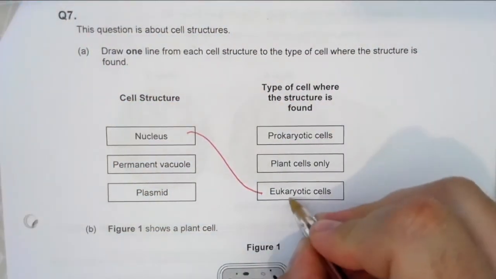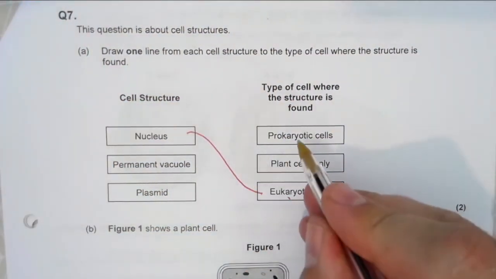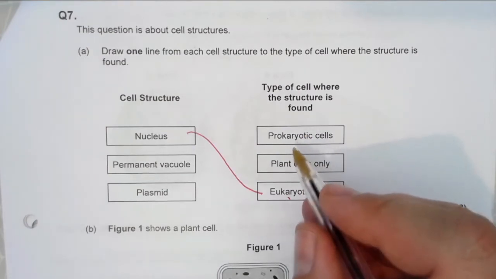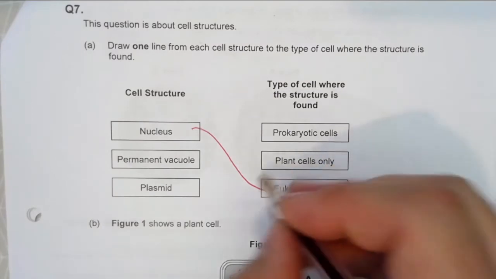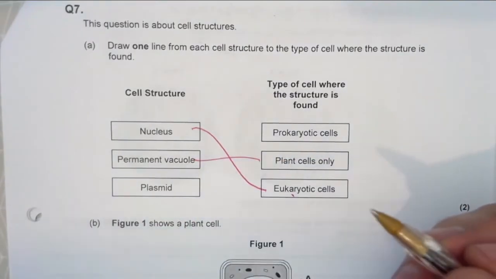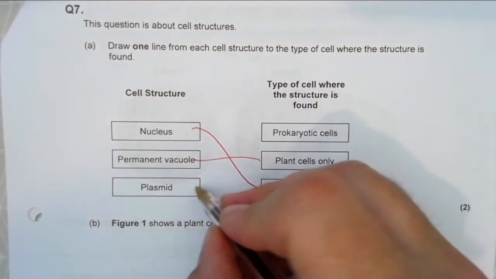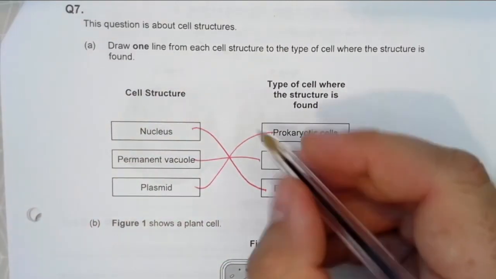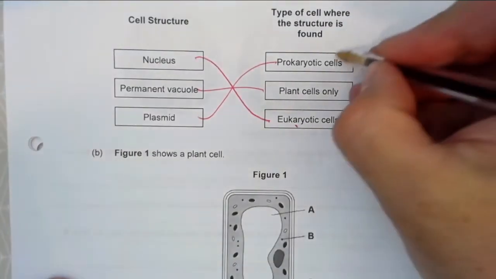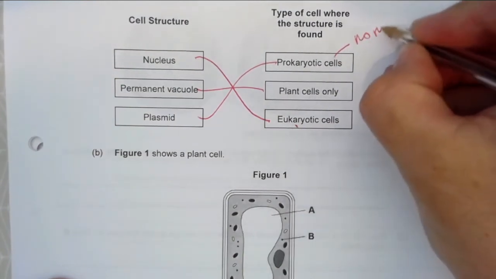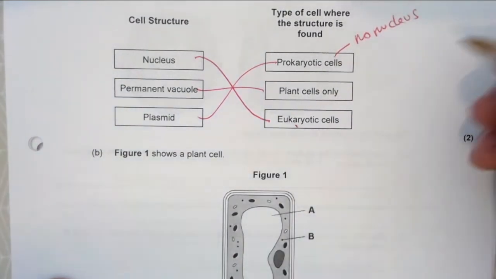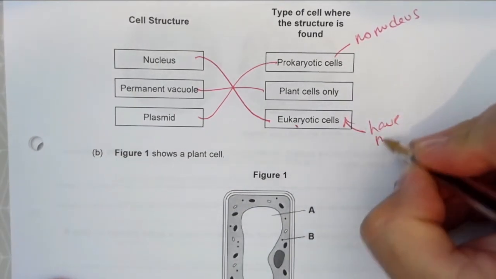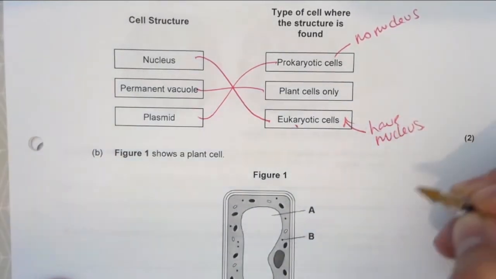So eukaryotic cells have nuclei, whereas prokaryotic cells, their defining feature is they don't have a nucleus. A permanent vacuole you will find in plant cells only. Plasmid DNA you will only find in prokaryotic cells, in bacteria cells. So we could summarise that with, so it's a simplification, but these have no nucleus, whereas these will have a nucleus.